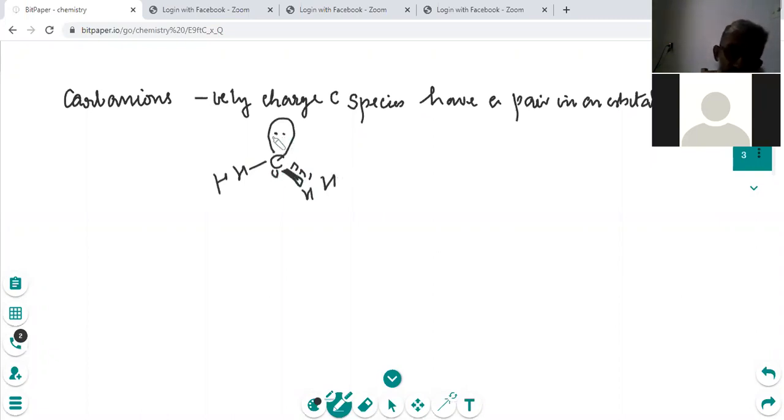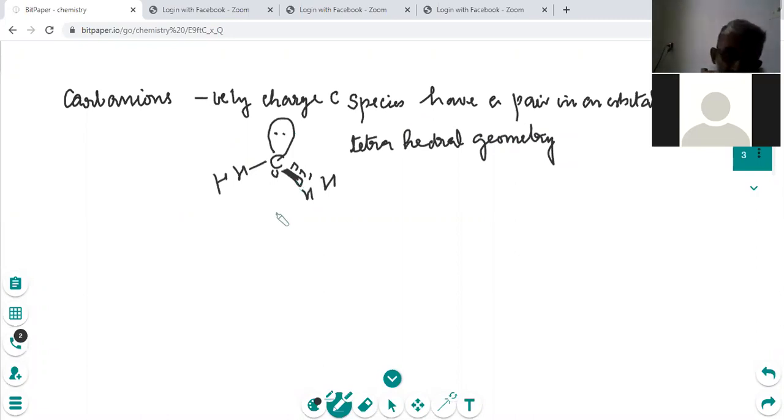Since there is a pair of electrons, it will have a tetrahedral geometry, because the pair of electrons will act just like a bond, pointed towards one side, right?